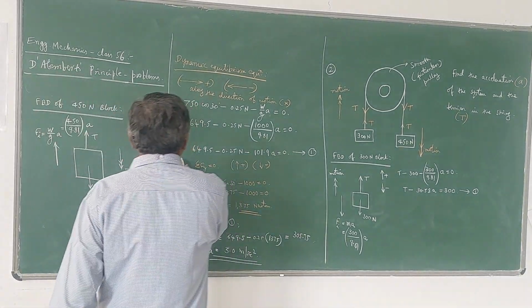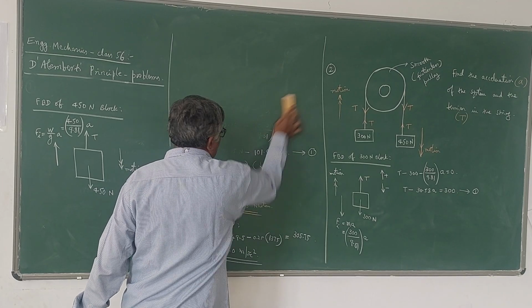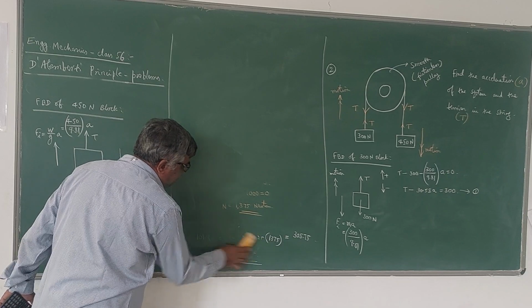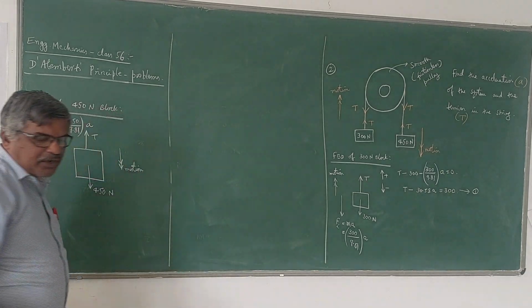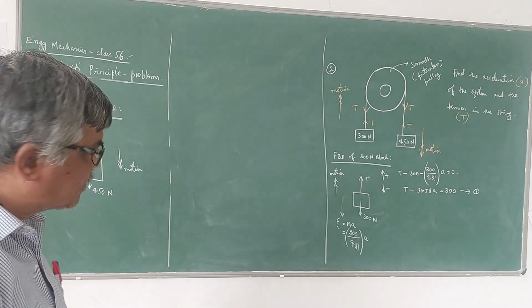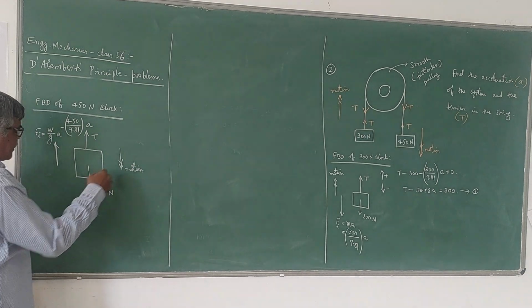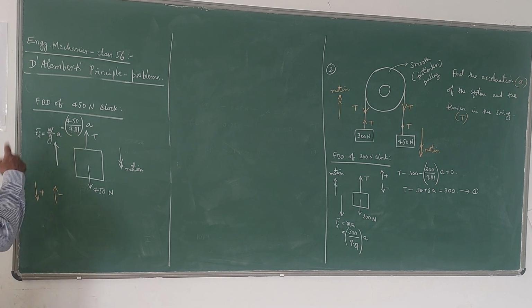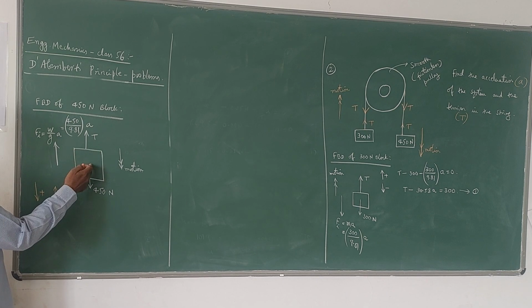Now let us write the dynamic equilibrium equation in the direction of motion of the block. Whatever forces are acting along the direction of motion of the block, I will take as positive, and the forces in the opposite direction I will take as negative. In this case the direction of motion is downward, so downward forces I will take plus, upward forces I will take minus. Now if you write the equation, this is an upward force, this is an upward force, this is a downward force.